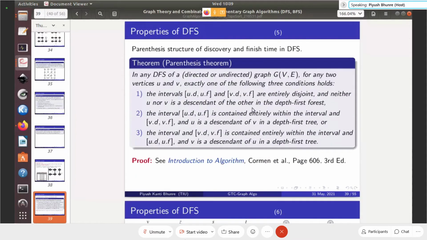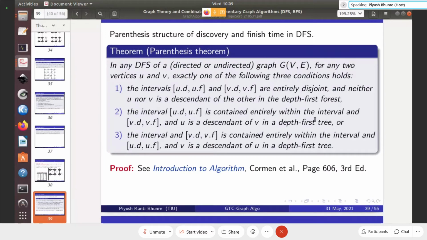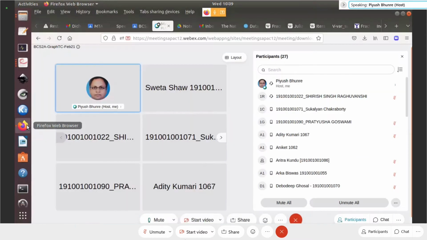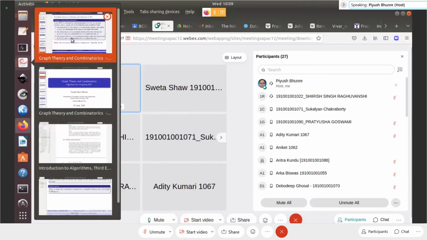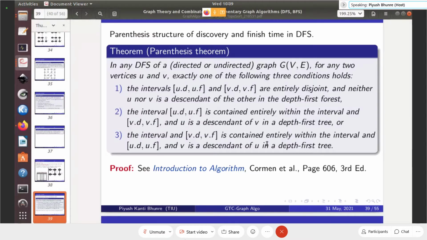Now the parenthesis theorem tells us, after you explore the graph, all the vertices have a discovery time and a finish time. They show certain parenthesis properties.